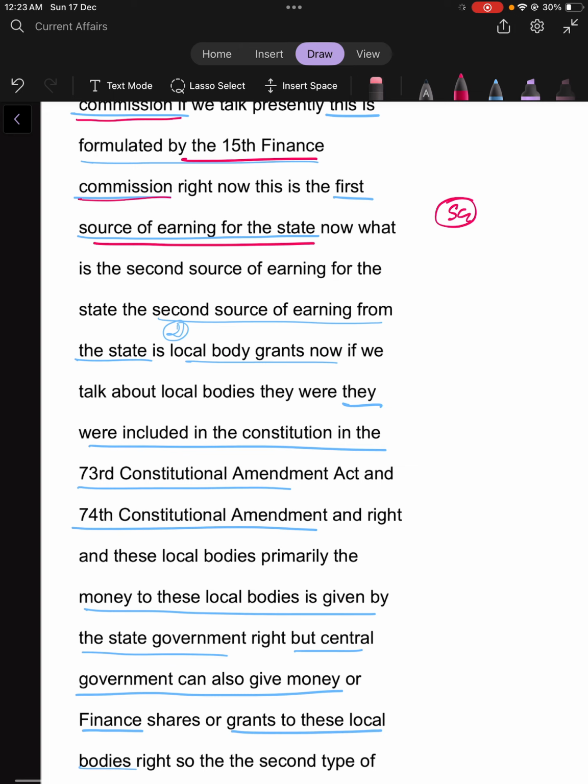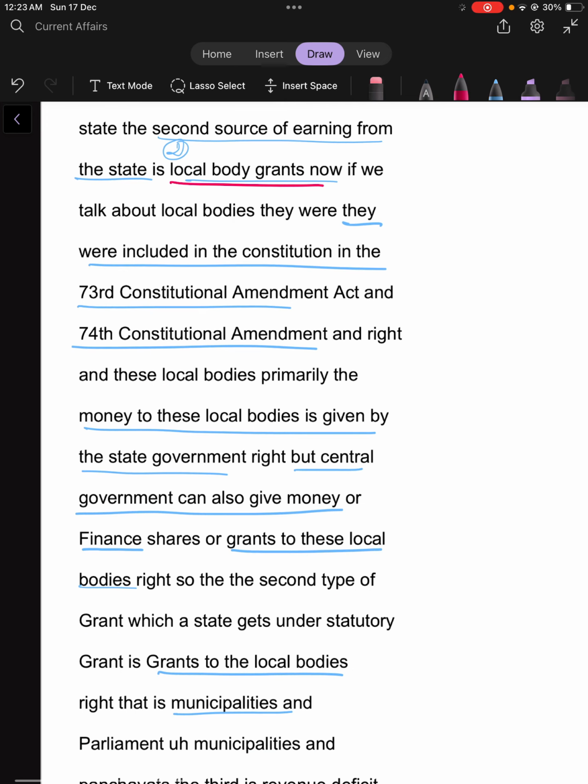The second source of funding for the state government is local body grants. One is statutory grant given by the central government to the state government based on the formula made by the Finance Commission, and the second one is local body grants. Local bodies were included in the constitution in the 73rd and 74th constitutional amendments.